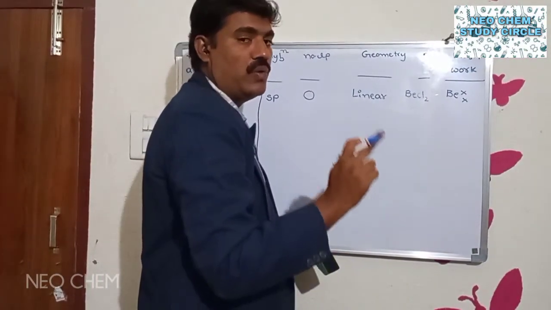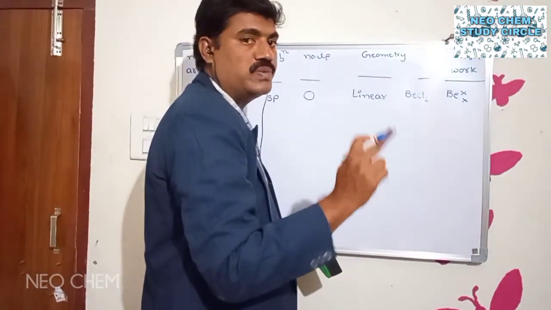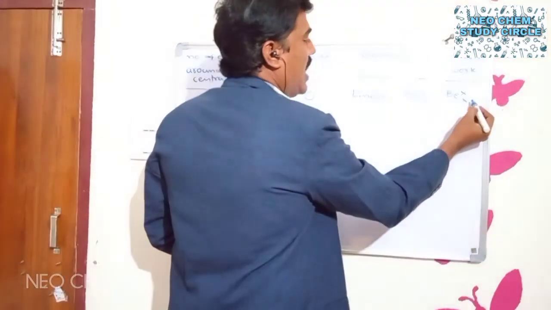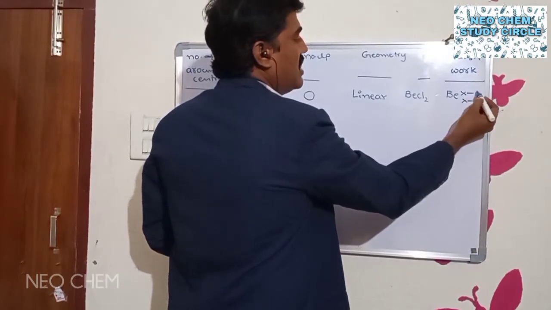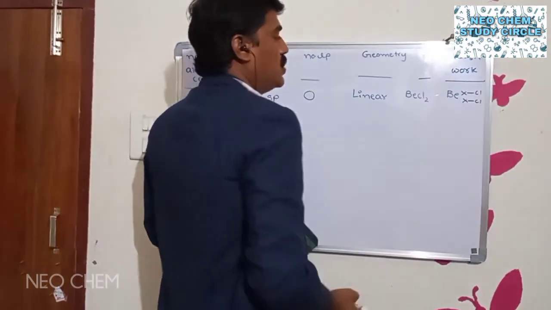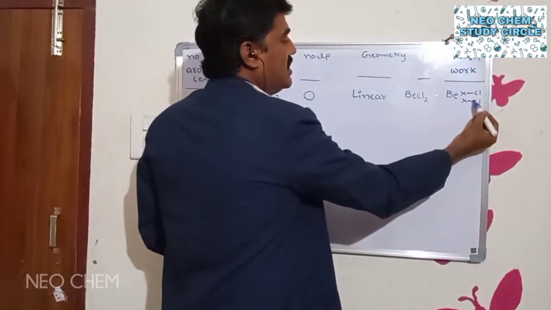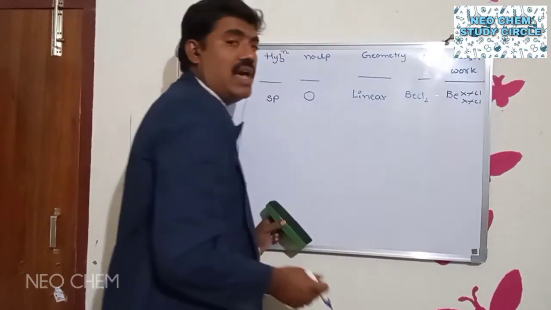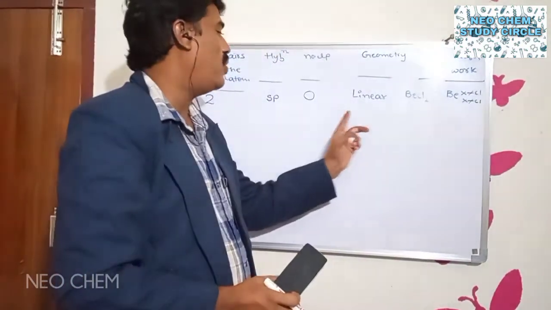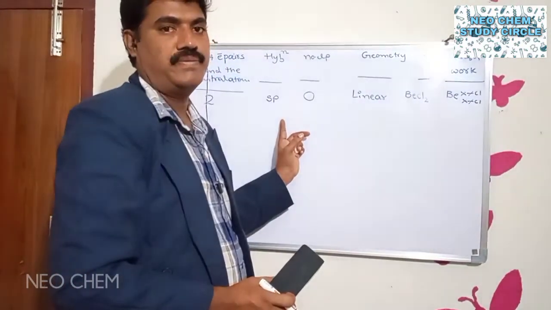What I told you, valency of halo groups is 1. So we should write with 1 electron, 1 chloro group, with the second electron, second chloro group. So totally there are 2 sigma bonds, 1 and 2. That's why hybridization of beryllium chloride is sp.